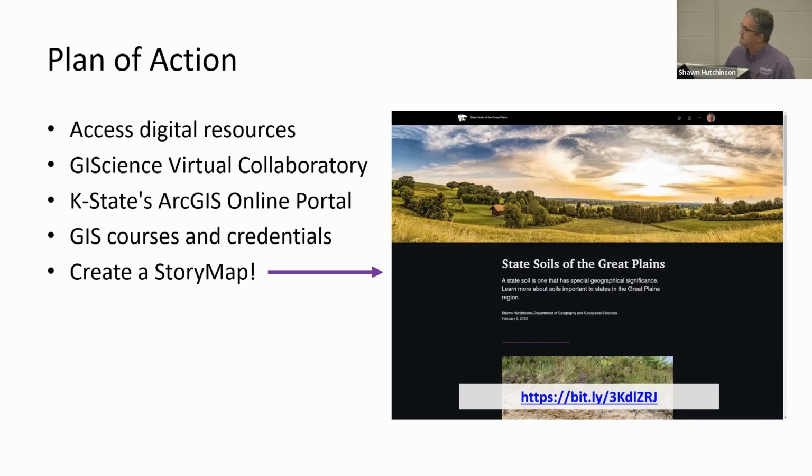Anybody familiar with K-State's ArcGIS Online GIS portal, our own university GIS portal? Okay, a few, so we've got access to that. And I'll also mention very briefly, if you're interested in more information about courses in GIS and GI science here at K-State, or different academic credentials that you can pursue, I'll mention those. And then we'll get right into the story maps.